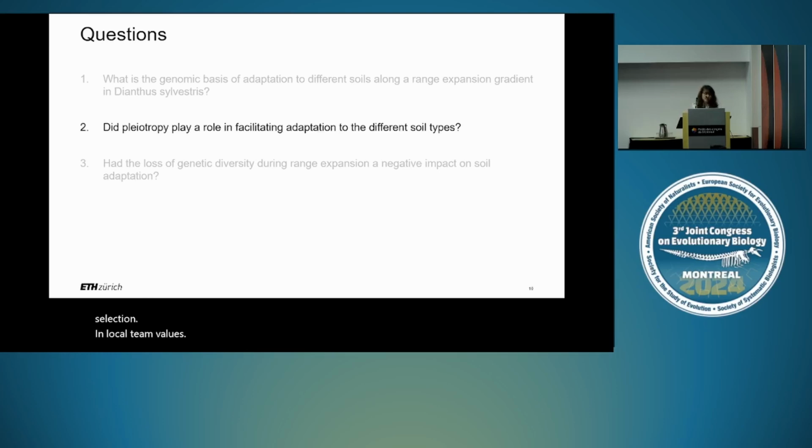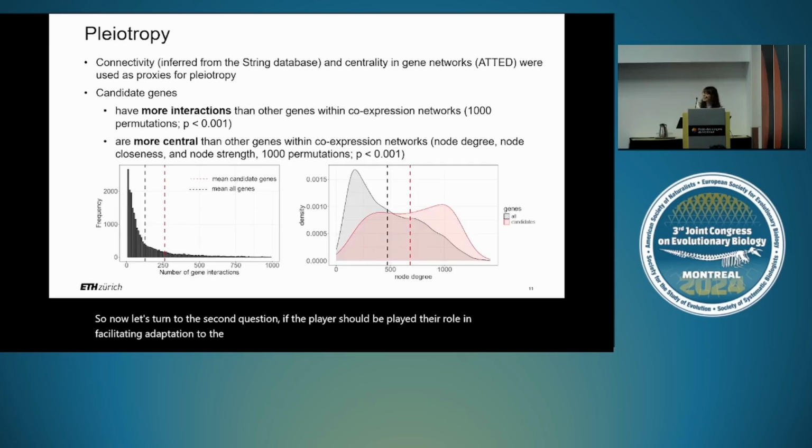Okay, so now let's turn to the second question: if pleiotropy played a role in facilitating adaptation to different soil types. We used connectivity and centrality in gene networks as a proxy for pleiotropy. And we found that the candidate genes have more interactions than the other genes in the co-expression networks.